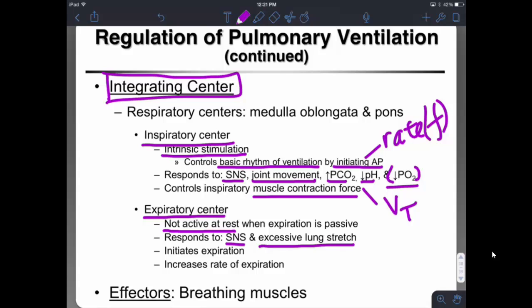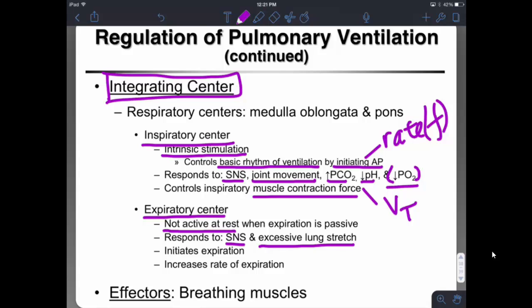So the body has this safety check so that if the lungs are inhaling too much, it's going to prevent you from bringing any more air in. The way you can stop inhalation is by stimulating exhalation, which ends the inhalation, relieves the stretch, and there you have your negative feedback.